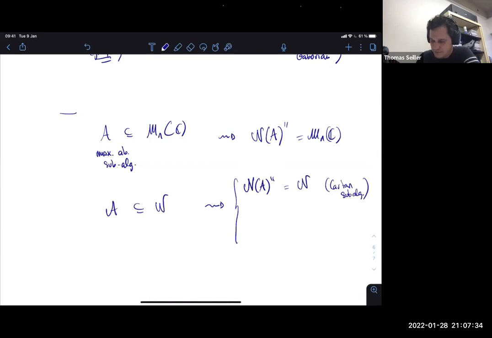But in other cases, you just get R, which is a subfactor of N. And the worst case is when you get A itself. But this is very counterintuitive when you think in terms of matrices.